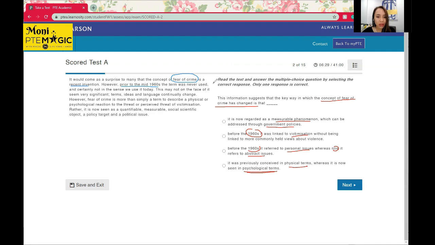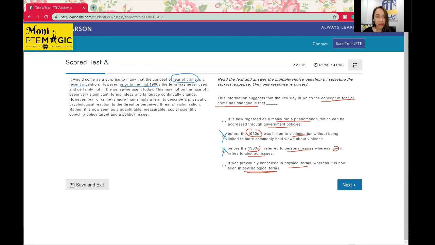But here it says it was linked to victimization, and here it referred to personal issues. Meaning that these two are incorrect, because they say that it was linked to something and referred to something, but the text says the term was never used.